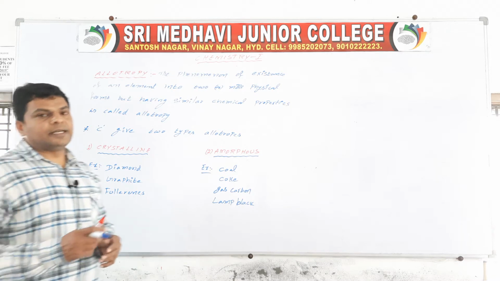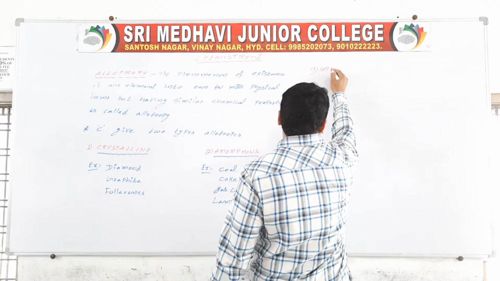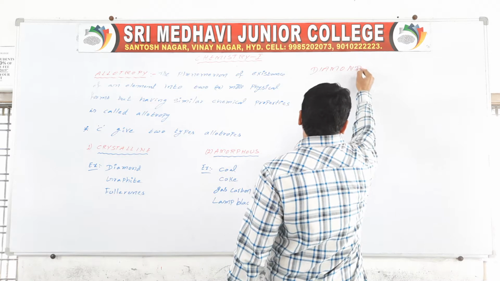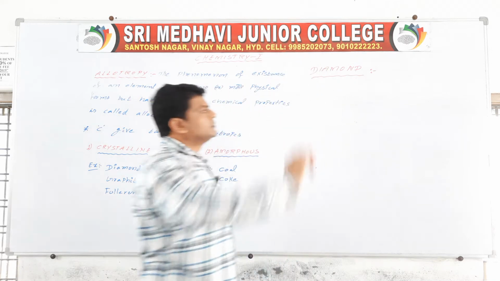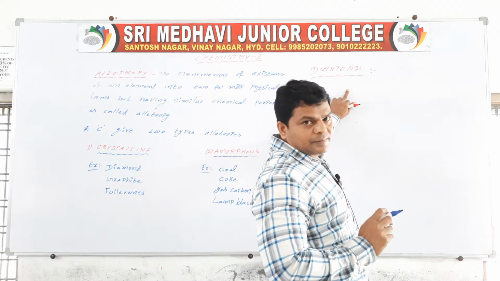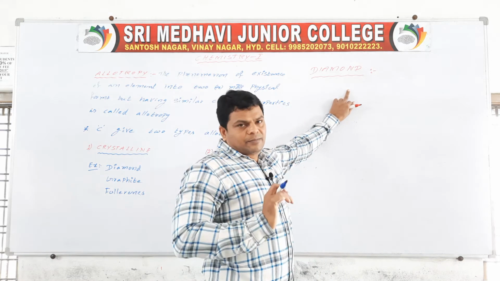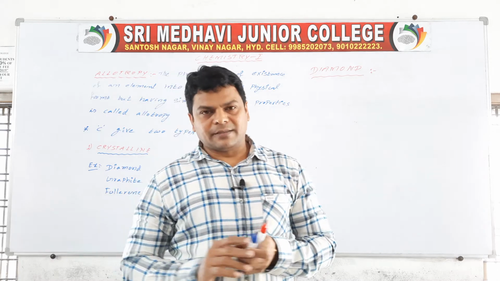So first, diamond. In diamond, carbon is the central atom which undergoes sp3 hybridization.